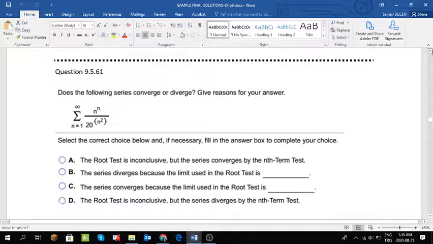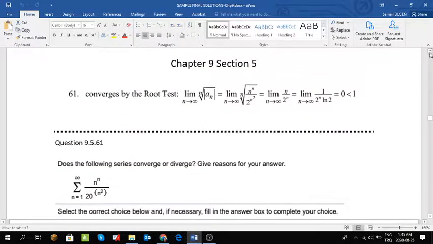If you understand that, you're going to be able to do it on your own. Consider a_n, which is given as n to the n over 2 to the n squared. In our sample question, it is 20 to the n squared.